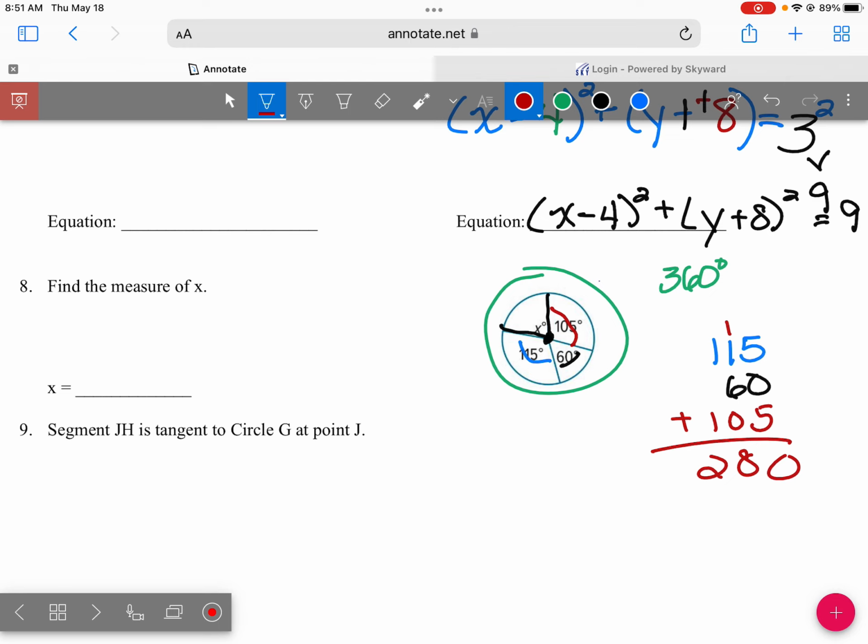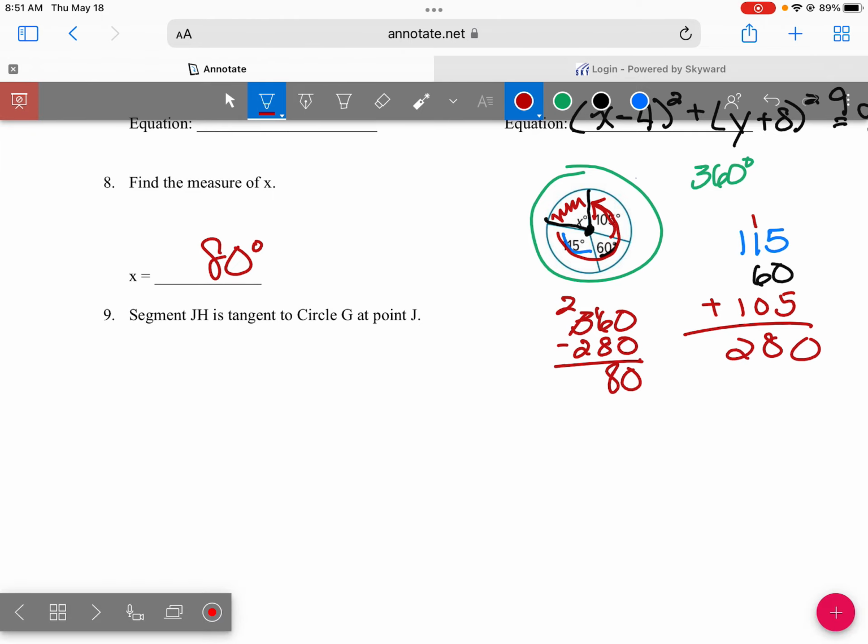So all three of these add up to 280 degrees. I need to figure out how much this is. So if I take 360, the full amount, minus 280, which is the amount that the three angles add up to, I am going to get 80 degrees. Questions on that?